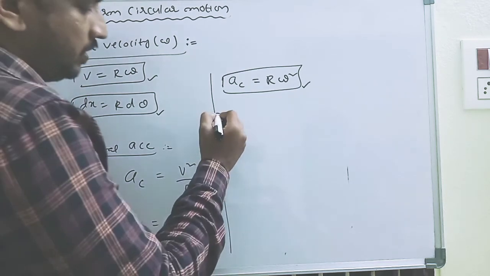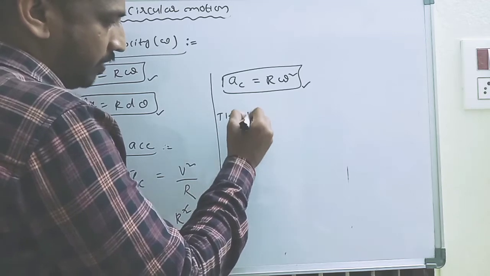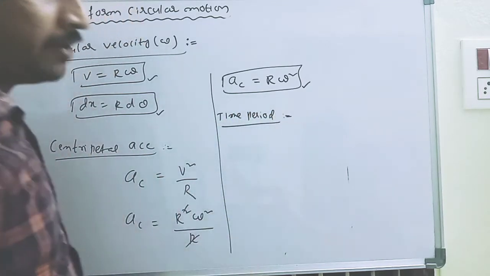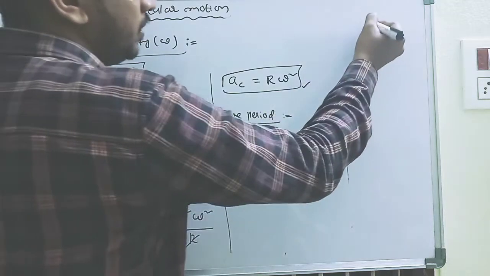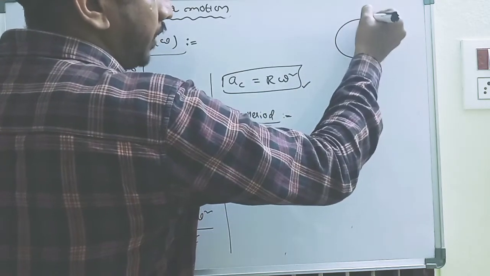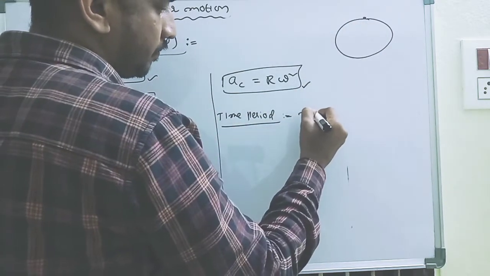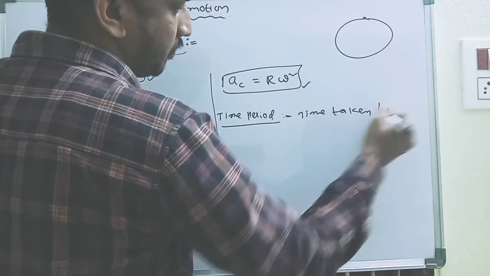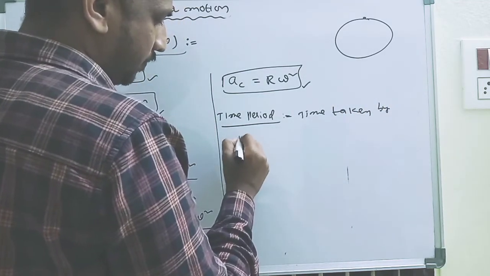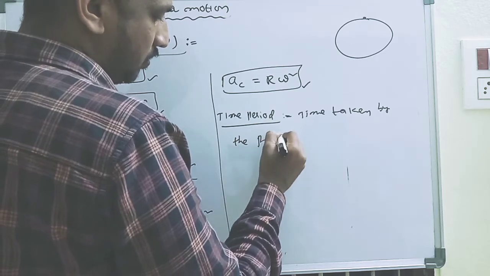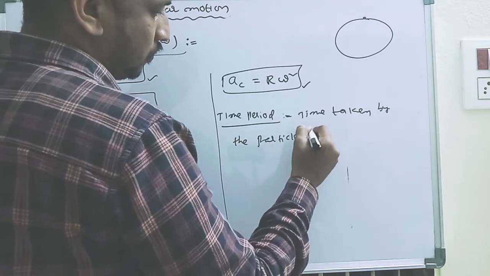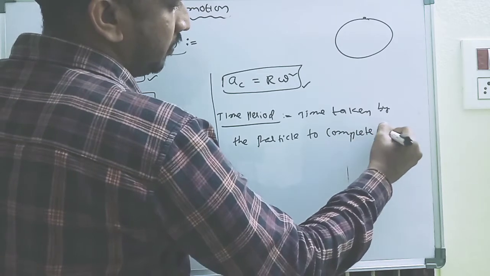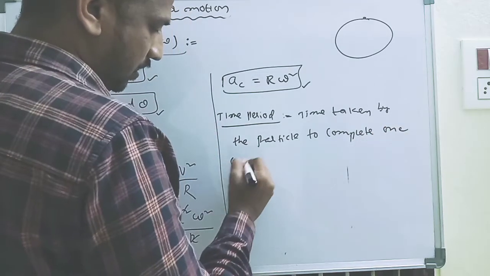And one more thing, time period. What is meant by time period here? Time period means the time taken by the particle to complete one cycle.